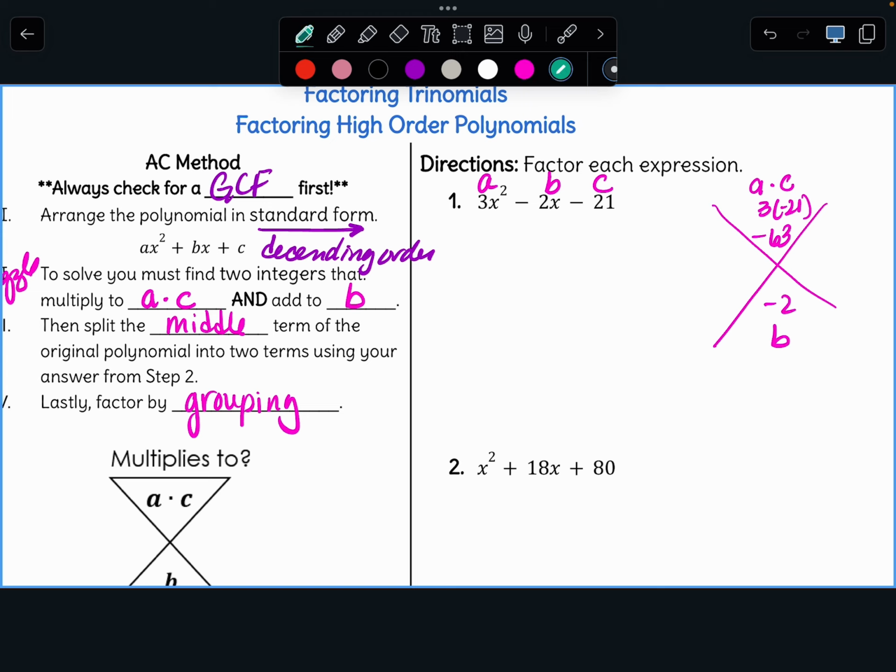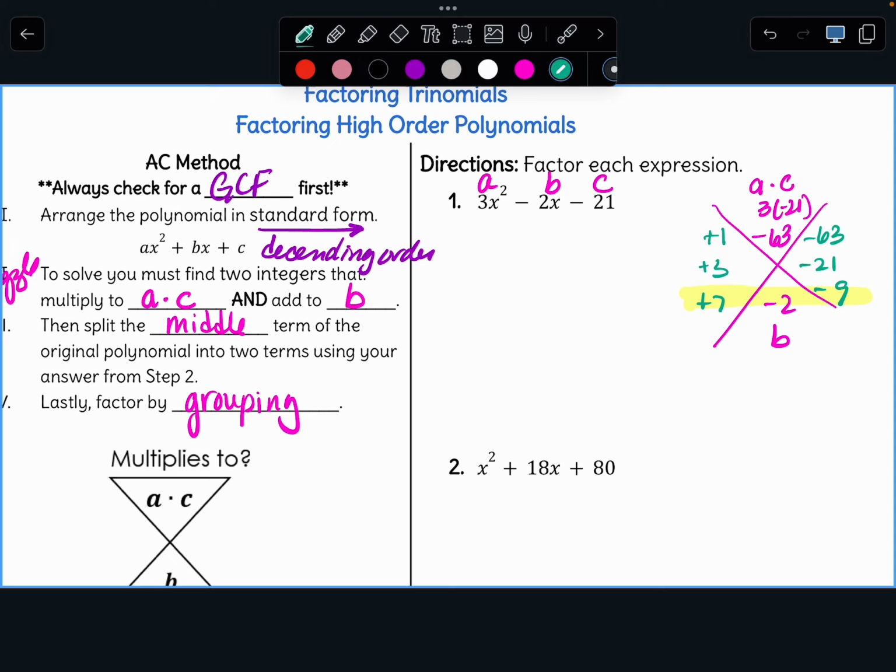So the factors of 63, if I want it to be negative, it's positive 1, negative 63, negative 1, positive 63, minus 3, backwards, positive 3, minus 21, and positive 7, negative 9. Did I miss any of the factors? No. So the one that works is the one that's going to add to give me negative 2.